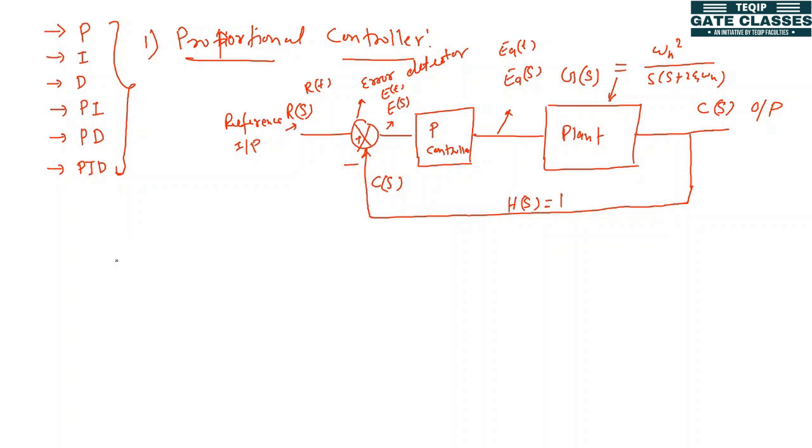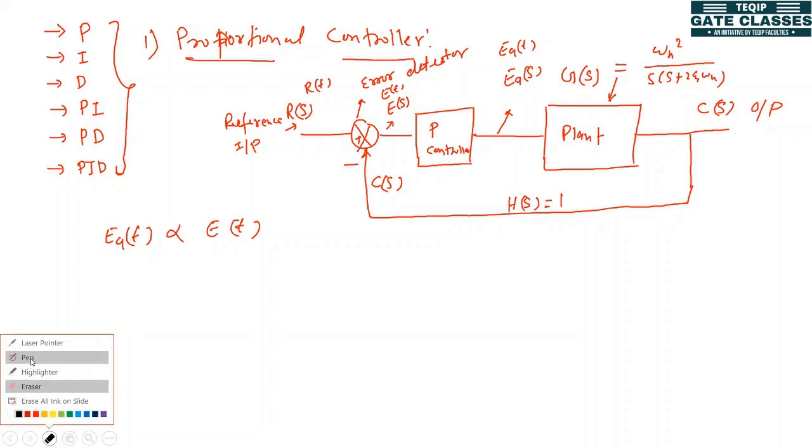Now as we know, in a proportional controller the actuating signal is proportional to the deviation, or we can call it the error e(t).